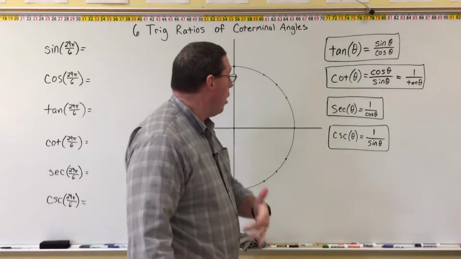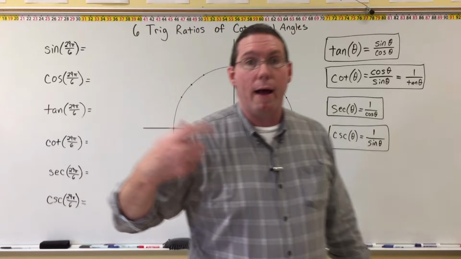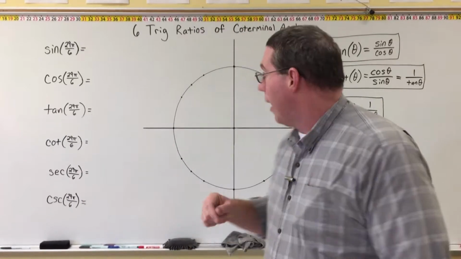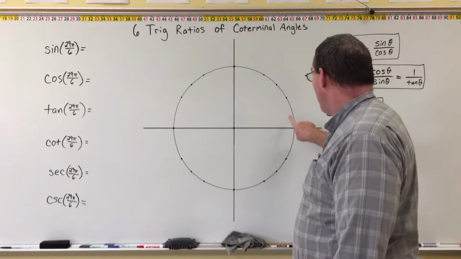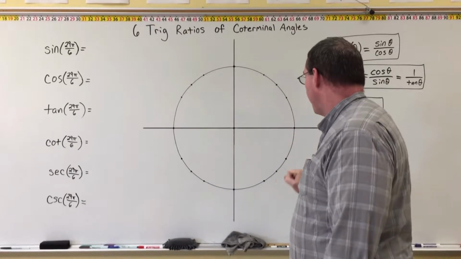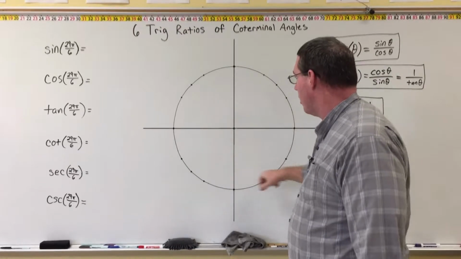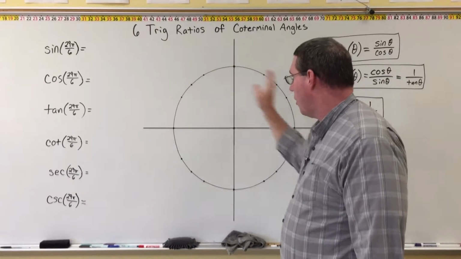Okay? So we know that we can just keep going around the unit circle either in a forward direction or in a backward direction. Forward is always counterclockwise, backward is always clockwise. Okay?